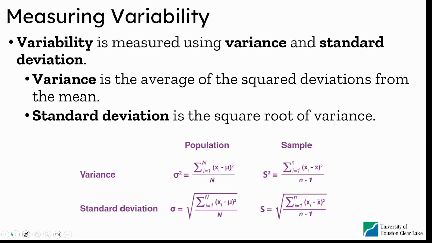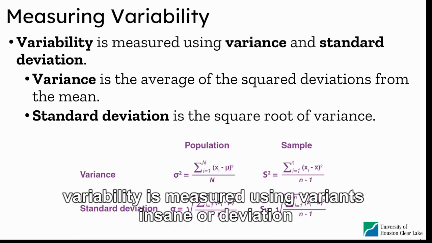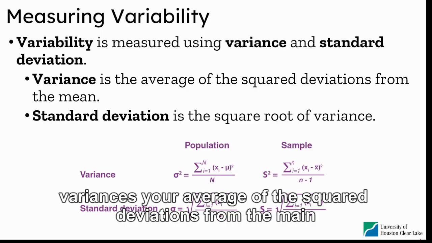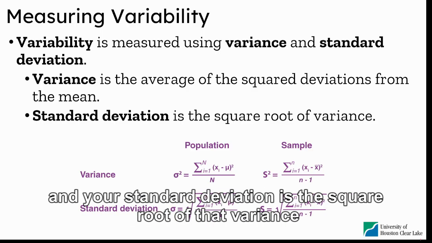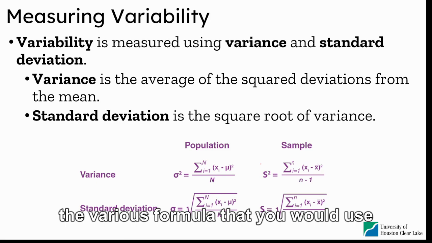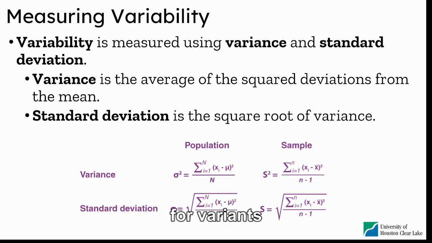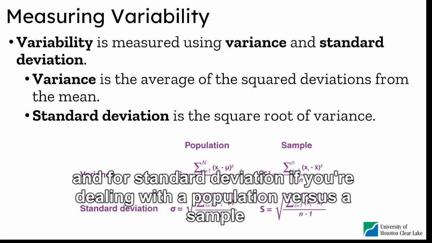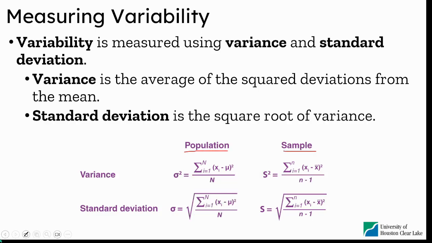So variability is measured using variance and standard deviation. Variance is your average of the squared deviations from the mean, and your standard deviation is the square root of that variance. And below here you can see that I have included for you the various formulas that you would use for variance and for standard deviation if you're dealing with a population versus a sample.